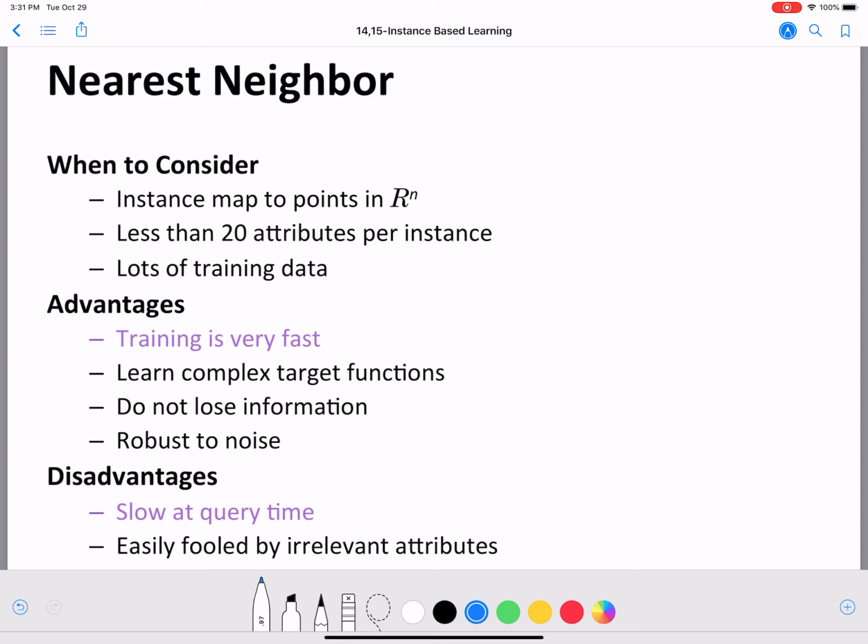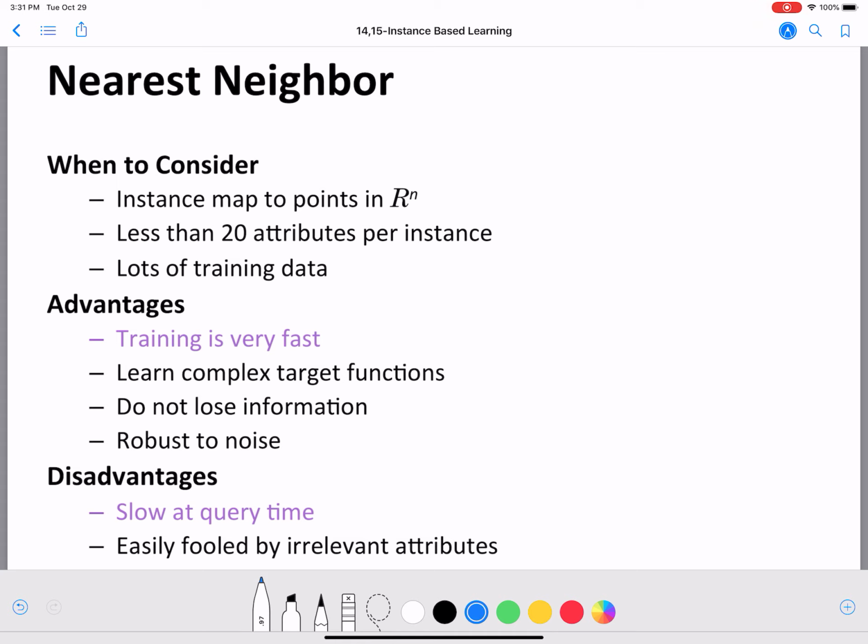For example, we saw the Voronoi diagram, right? Voronoi is a really complex decision space, and you did not come up with that. The nearest neighbor algorithm can automatically use that to classify.